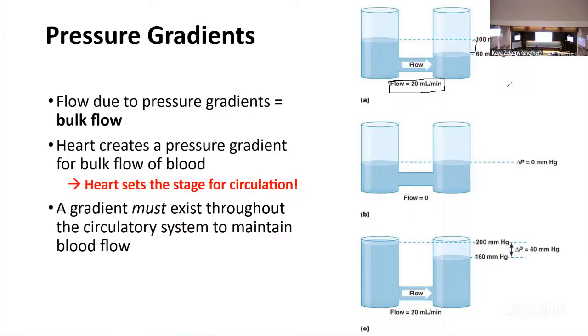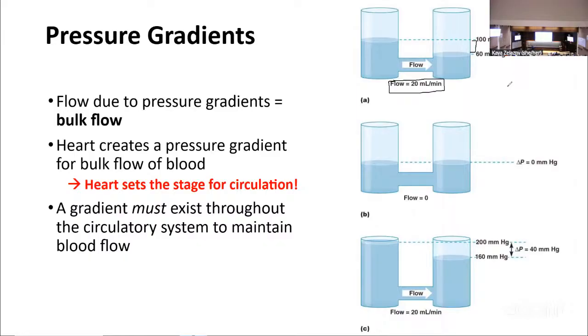Right? That's what our heart is doing in our circulatory system, creating that high pressure, sending us towards areas of low pressure. Right? And we know that as we related that to the heart at the end of A&P 1, right, we know that the heart fills when we have chambers that are really low pressure, and chambers earlier in the circuit that are at a higher pressure, leading blood to flow forward.